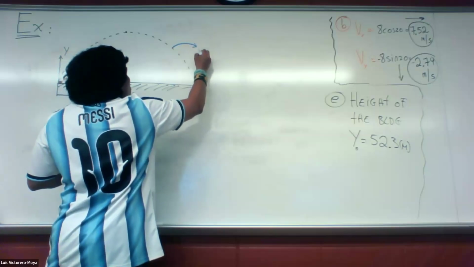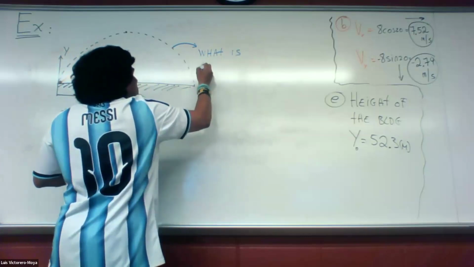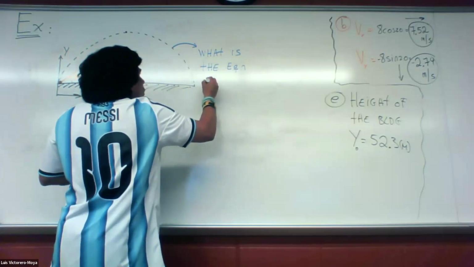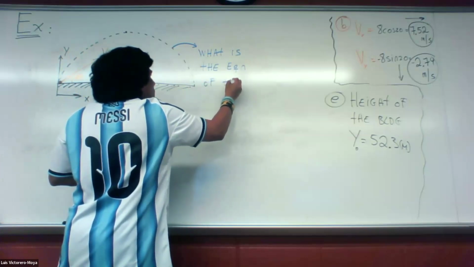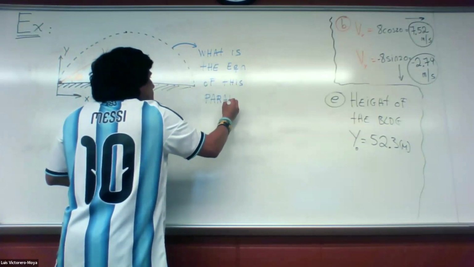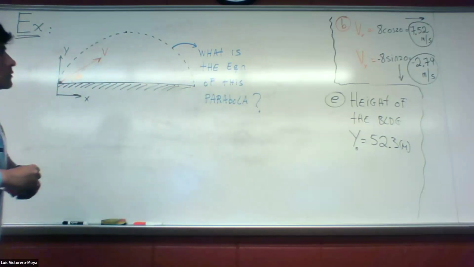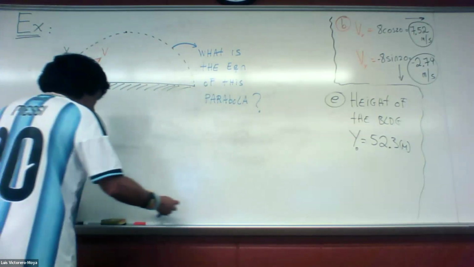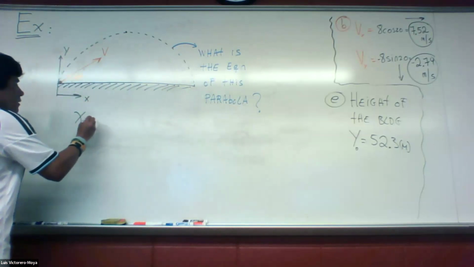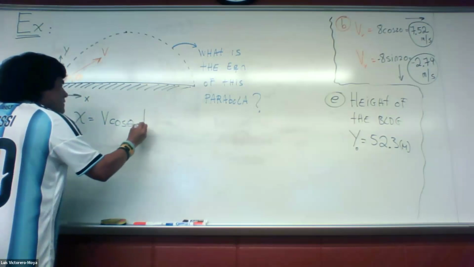So what is the equation of this parabola? So I have x equals v cosine theta times time.